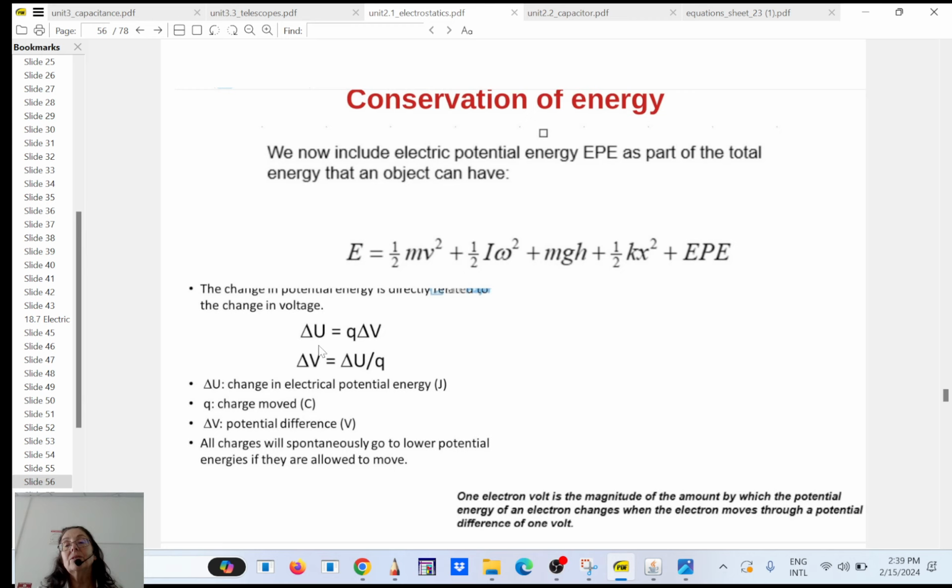Okay, so energy is always relative to a reference level, and just as we have seen, if the voltage is energy for 1 coulomb, so the potential energy will be Q delta V. Does it make sense? Again, if you have a 12-volt battery, what's going to be the energy of 1 coulomb of charge? 12 joule. So what is happening inside the battery?